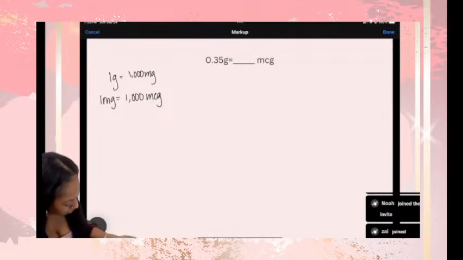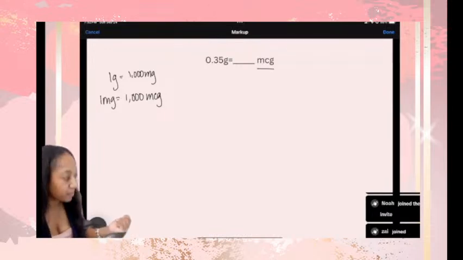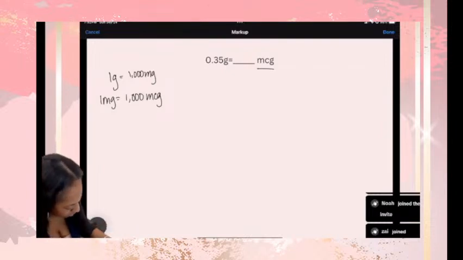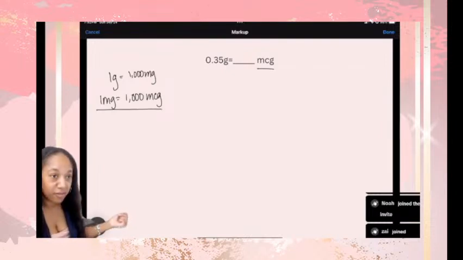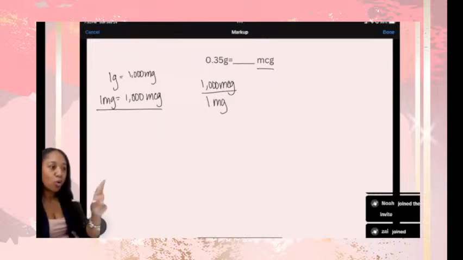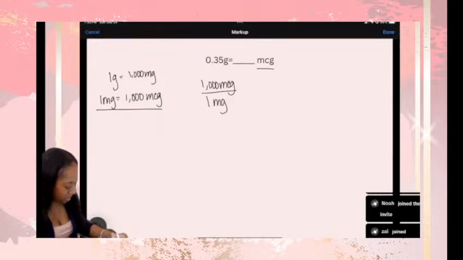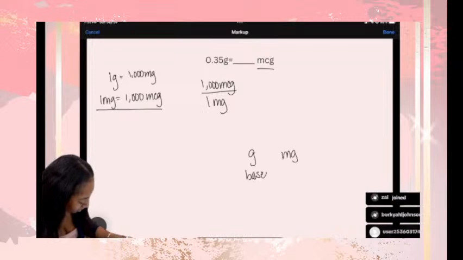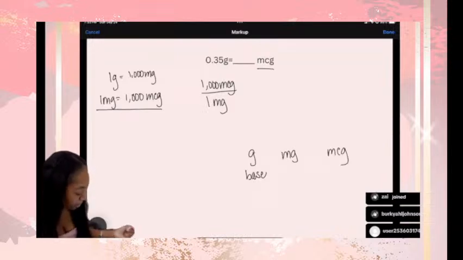Okay. So we are looking for micrograms, so I'm going to start with my micrograms. This is my conversion, right? 1,000 micrograms is 1 milligram, because you can't just go 1 step over. You have grams, which is your base, then you can have milligram, then you can have microgram.